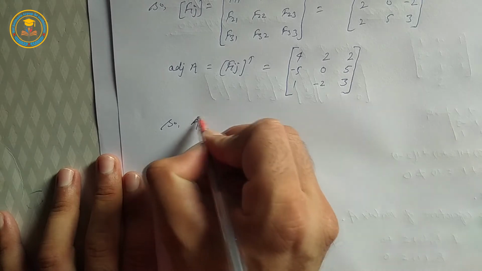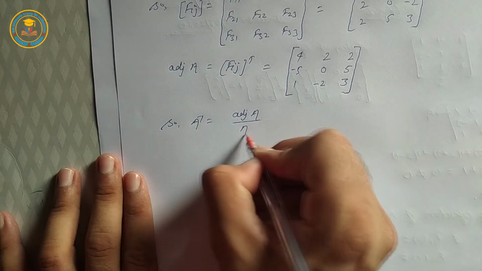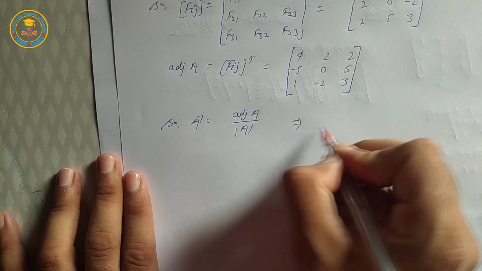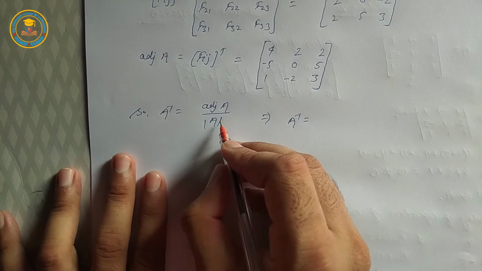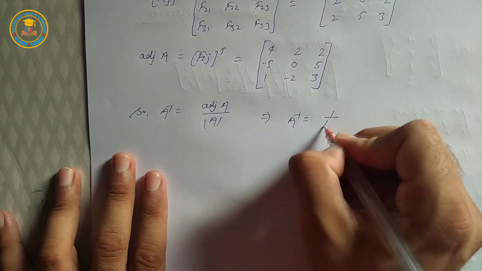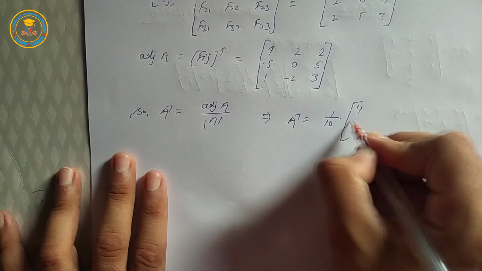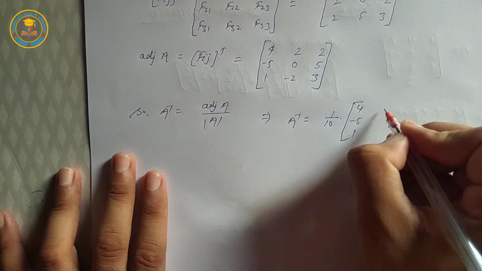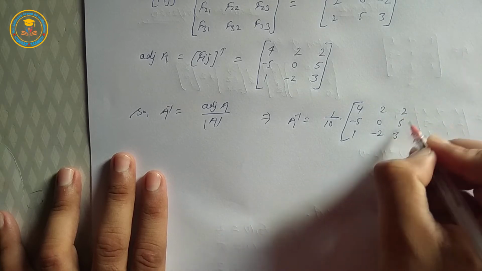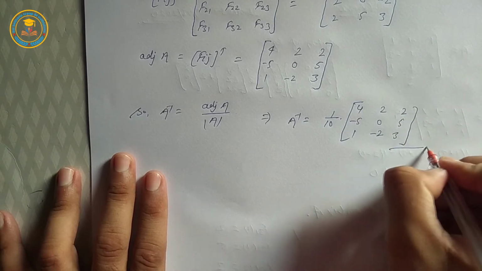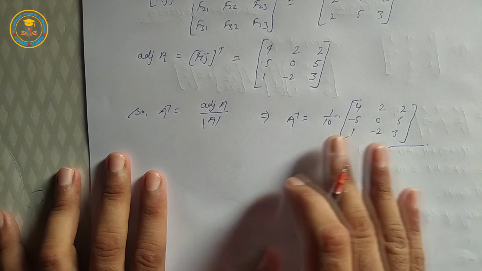So A inverse is equal to adjoint A upon determinant A. Determinant A is equal to 10, so A inverse is 1 by 10 into adjoint A. The value of A inverse is equal to 1 by 10 into this matrix.